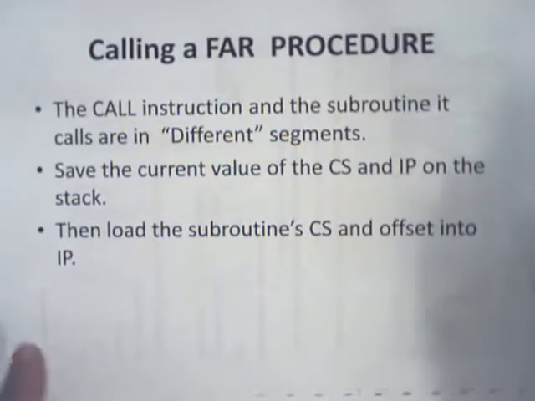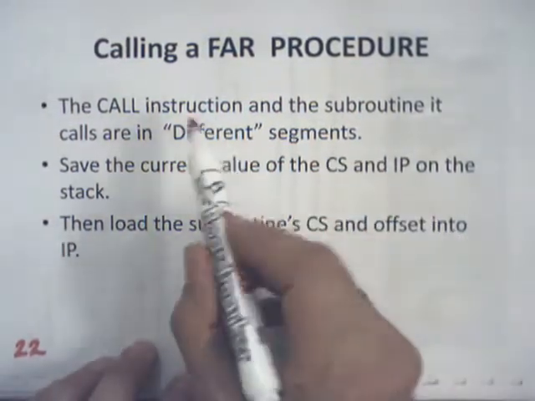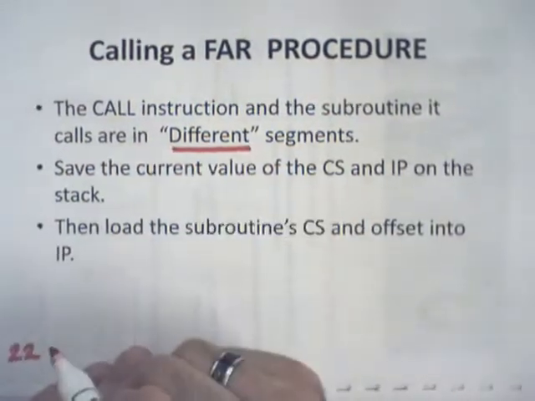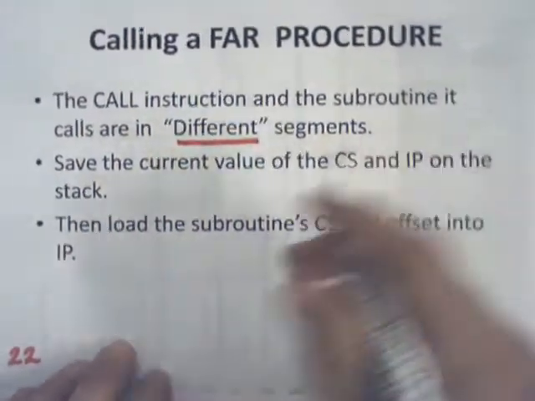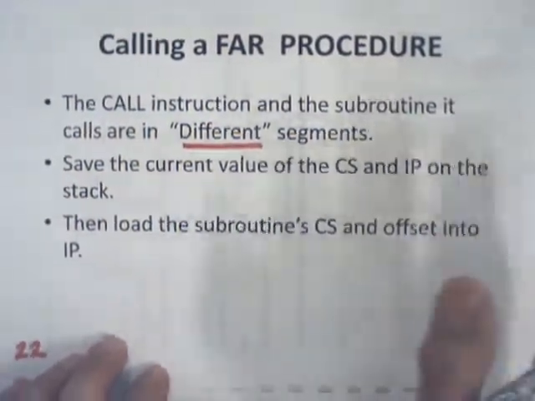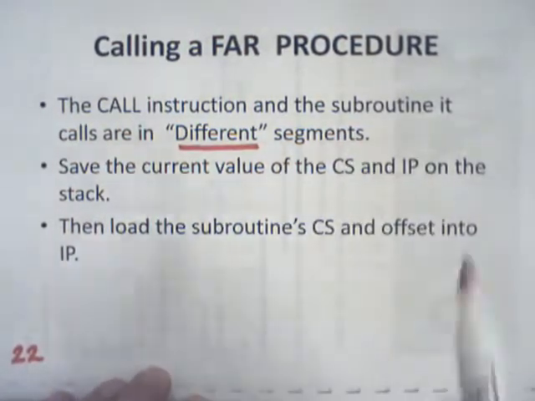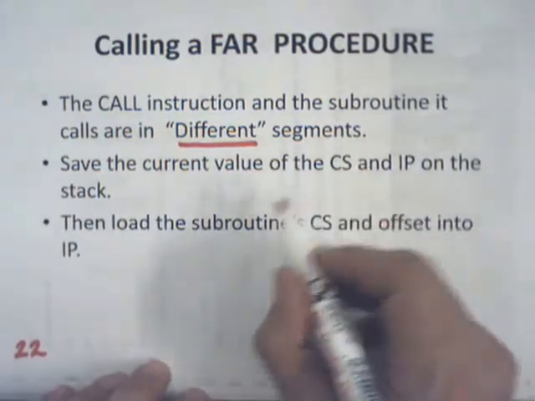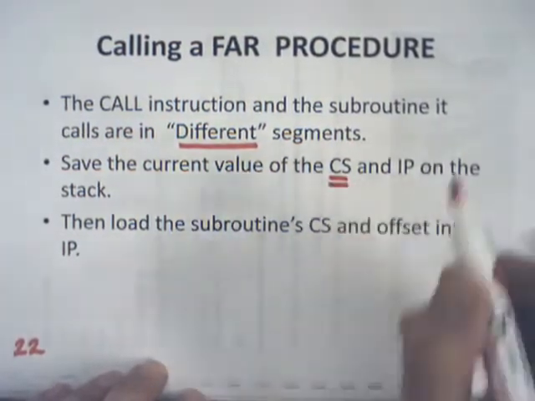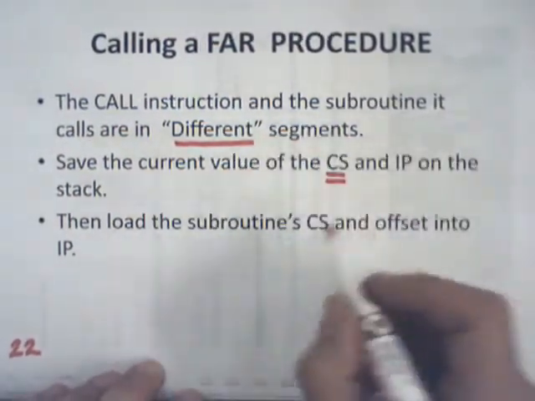In contrast, in a far procedure, the call instruction and the subroutine it calls are in different segments. Therefore, there is probably more than 64 kilobyte memory spacing between the call point and the subroutine itself. So the current value of the code segment should also be saved for returning. This is the only difference. The others are the same.